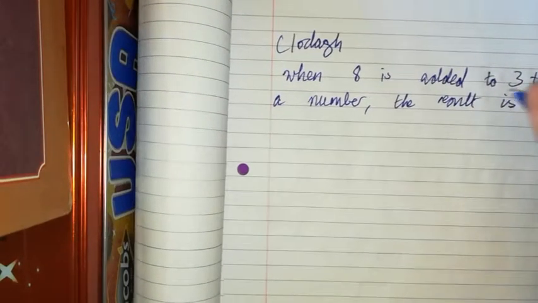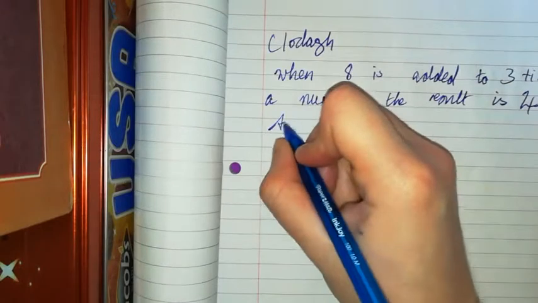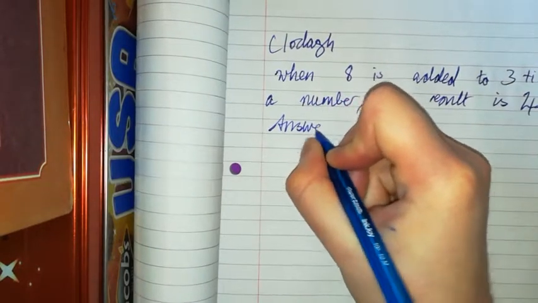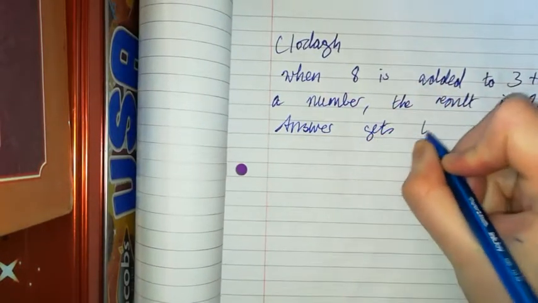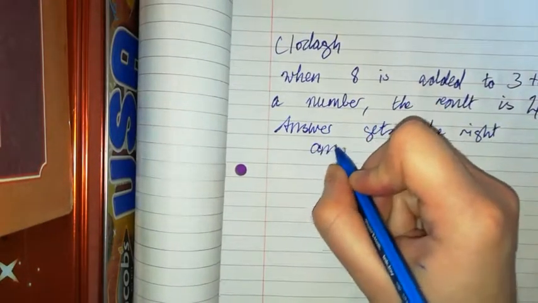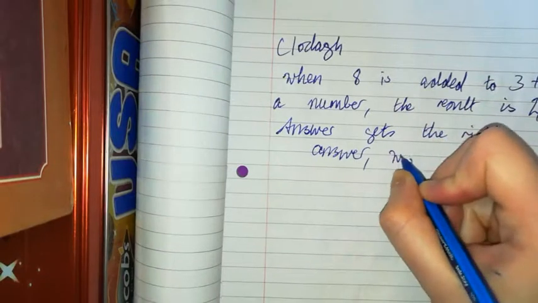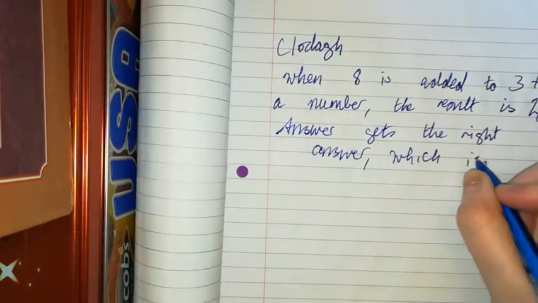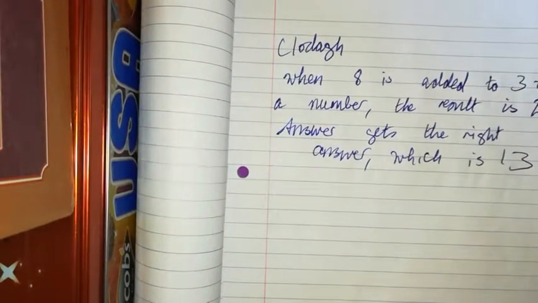So Anna works out the correct answer, which is 13. And we are asked to say one method Anna could have used to get the right answer.